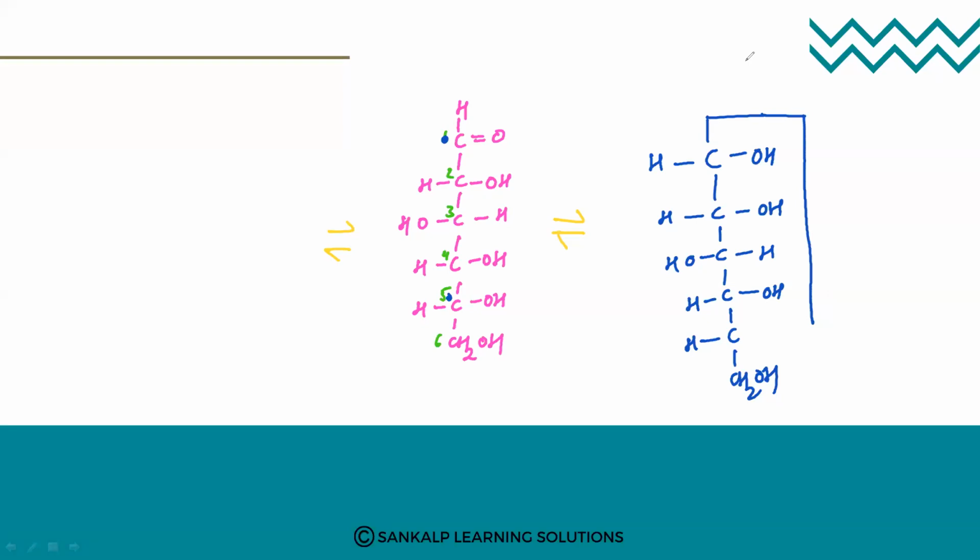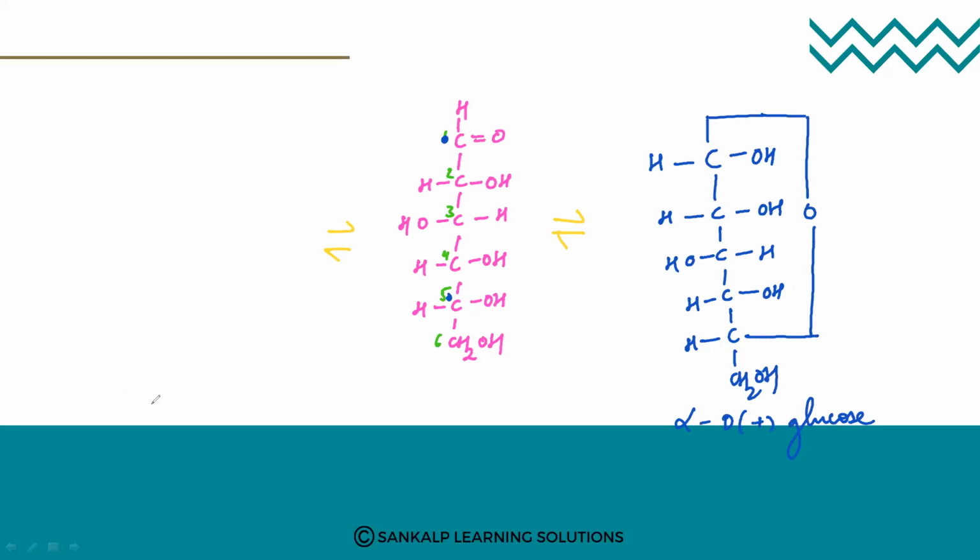Here the OH will be there. Understood? So this is the alpha D plus glucose.